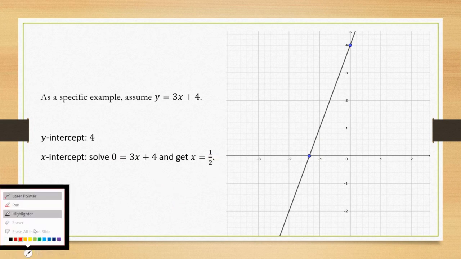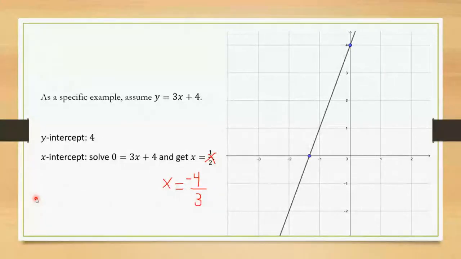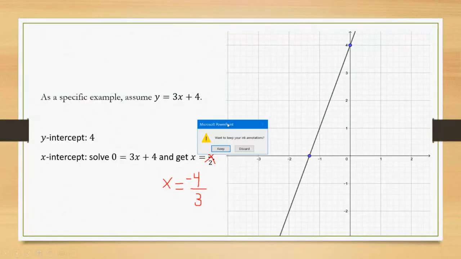That was a mistake, so let me fix that. So it's actually minus 4 over 3. If you did negative 4 over 3, that turns out to be negative 1 1/3, so it is between negative 1 and negative 2. Okay, that's good. Let me just pause the recording.